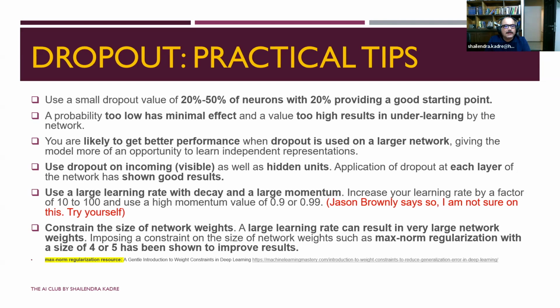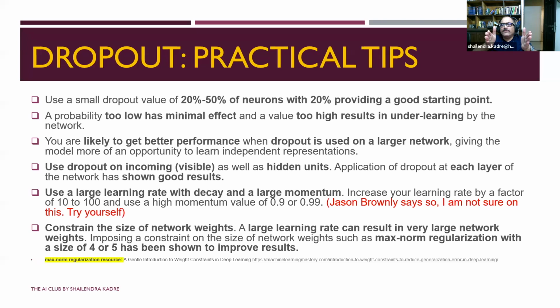Then use a large learning rate with a decay and a large momentum. See, it is something which you should object to just now. Mr. Brownlee is telling us to use a large learning rate with a large momentum. That's what we learned: learning rate and momentum should not both be large at a time.